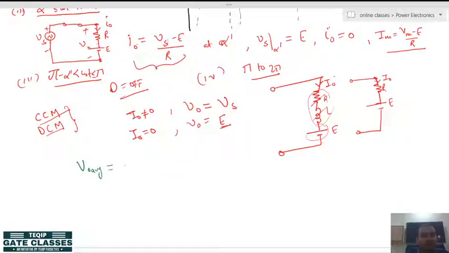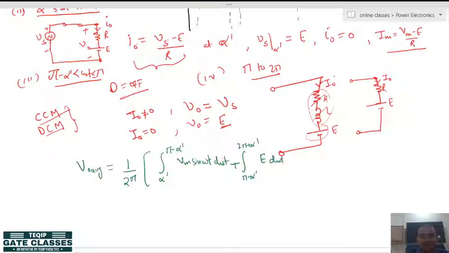So the average output voltage is 1 upon 2 pi, integration alpha dash to pi minus alpha dash V m sin omega t d omega t, you can see the curve above, plus pi minus alpha dash to 2 pi plus alpha dash E into d omega t.